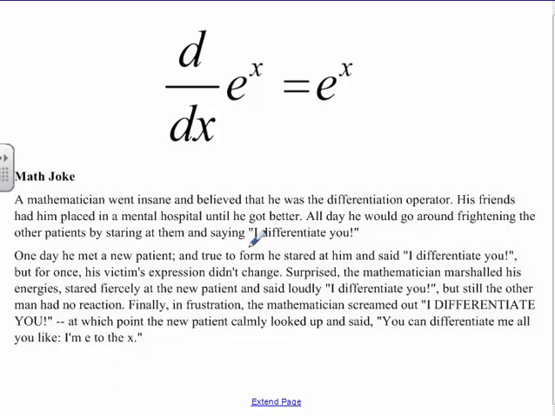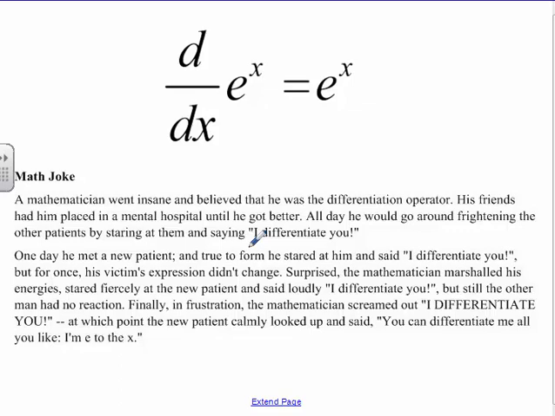A mathematician went insane and believed that he was the differentiation operator. Basically, that just means that he believes that he causes things to derive. Right? He's the d over dx. So his friends placed him in a mental hospital until he got better, and all day around he would go frightening the other patients by staring at them saying, "I differentiate you." And I can still hear Professor Karagani's voice as he would say, "I differentiate you."